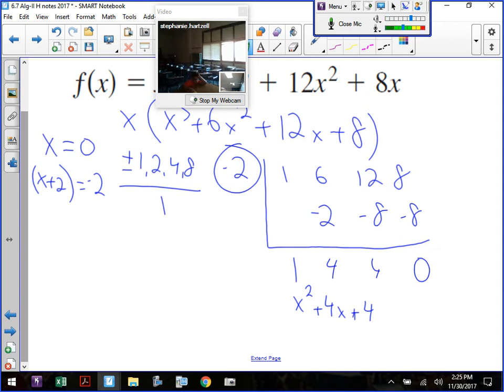What times what is 4 and you add together to get 4? 2 and 2. It's got multiplicity 3 times at negative 2.